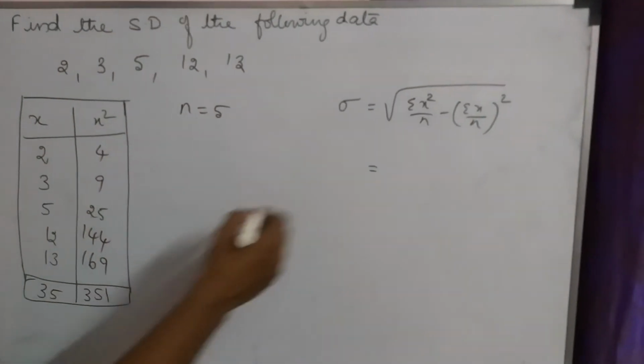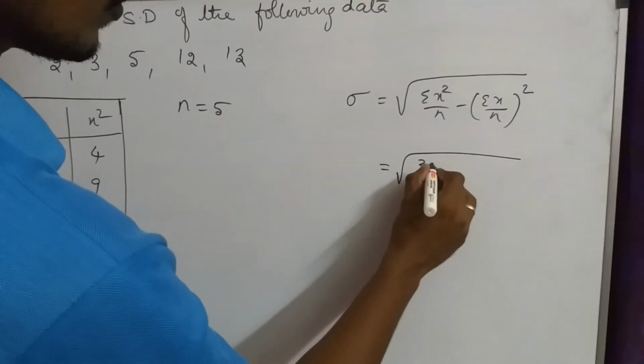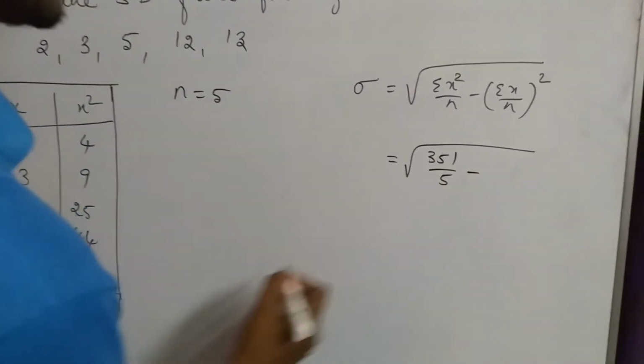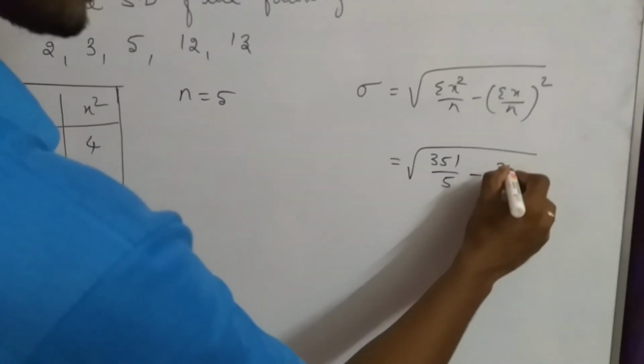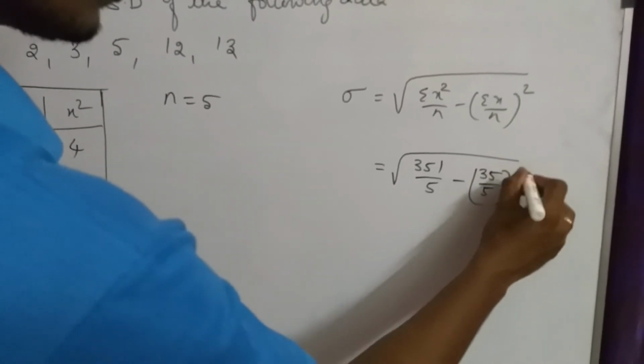The standard deviation sigma is the square root of summation x square, 351 divided by 5, minus 35 divided by 5 to the whole square.